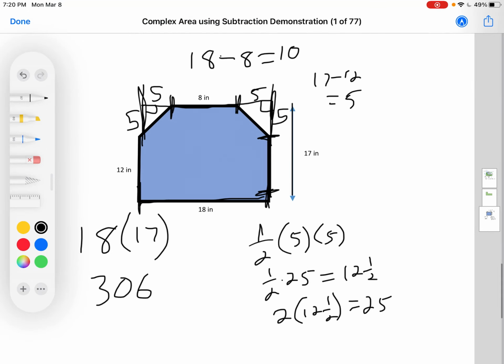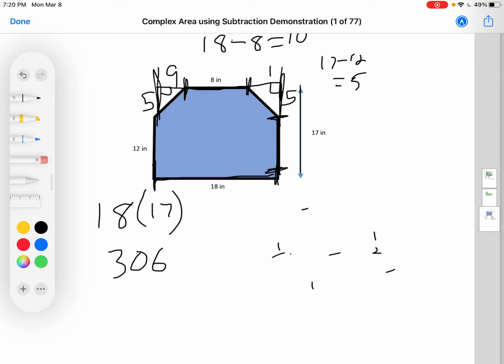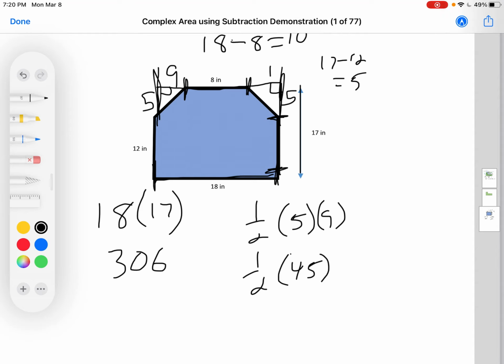But I could also make it as extreme as 9 on this side and 1 on this side. Well, that would be a different set of triangles, wouldn't it? So one triangle would be 1/2 times 5 times 9 is equal to 1/2 times 45, which is equal to 22.5.